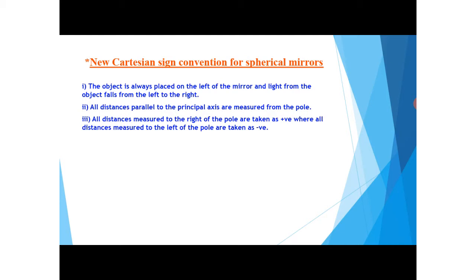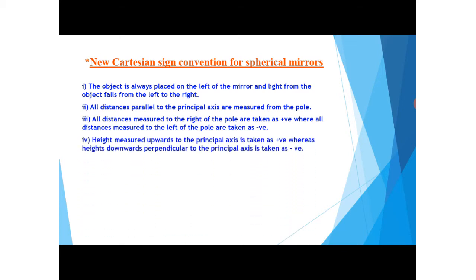Keep in mind that the object is always placed on the left side, so the object distance will always be negative, irrespective of the type of mirror or lens. In every case, the object distance is always negative. The next thing is the height, the size.